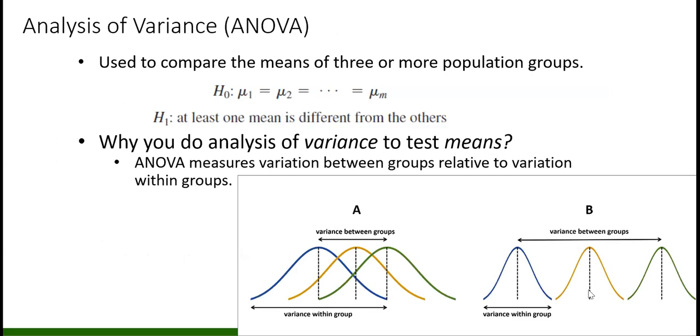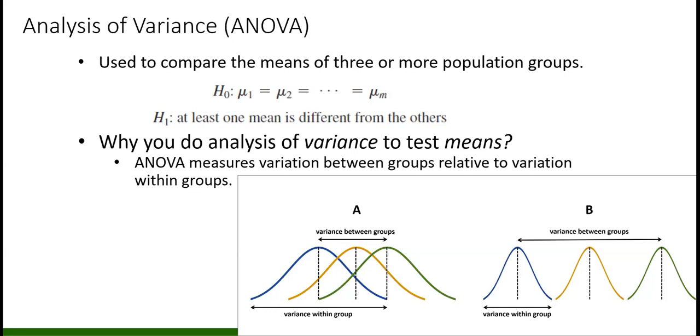Also, the variances of these population groups are equal; there shouldn't be a significant difference between them.